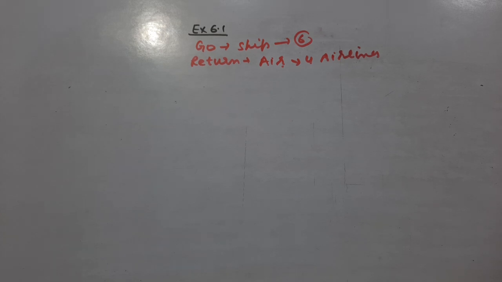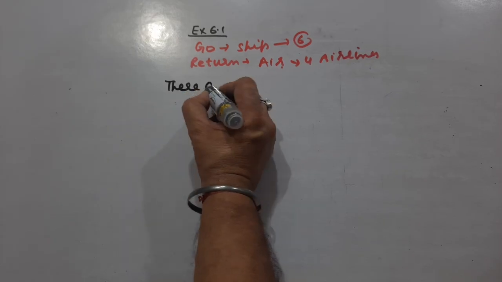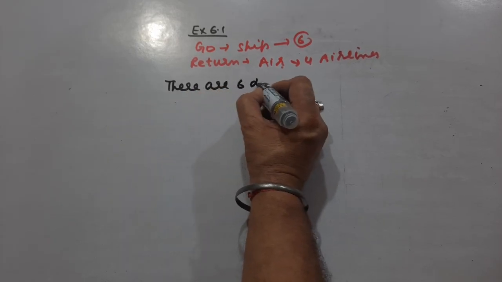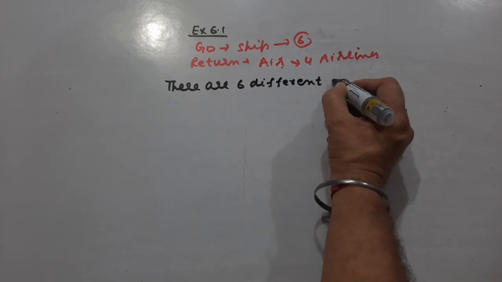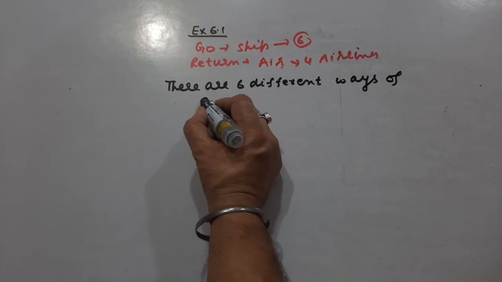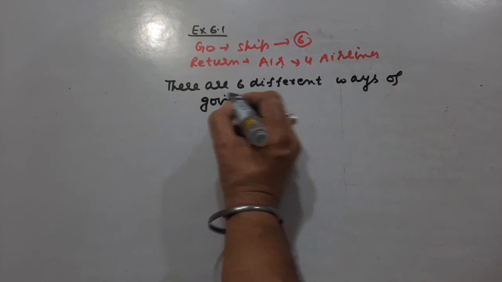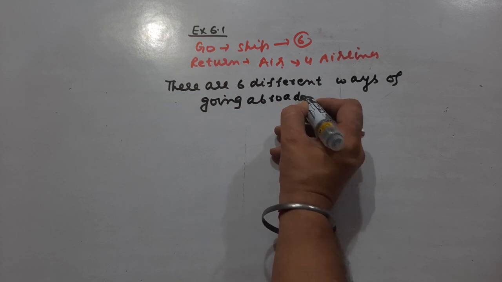So question is, a man can go by ship and come back by air, and he has a choice of 6 different ships to go and 4 airlines to return. So what we write here? So there are 6 different ways. Because we have 6 ships, it means there are 6 different ways of going abroad, right?